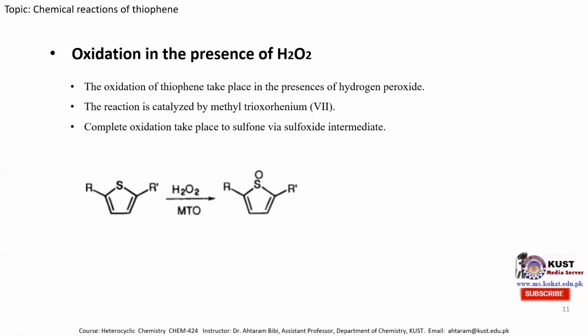And complete oxidation takes place to sulfone by the sulfoxide intermediate. This is the sulfoxide intermediate. And when the hydrogen peroxide and the catalyst methyltrioxorhenium are present, then one can obtain the sulfone molecule.